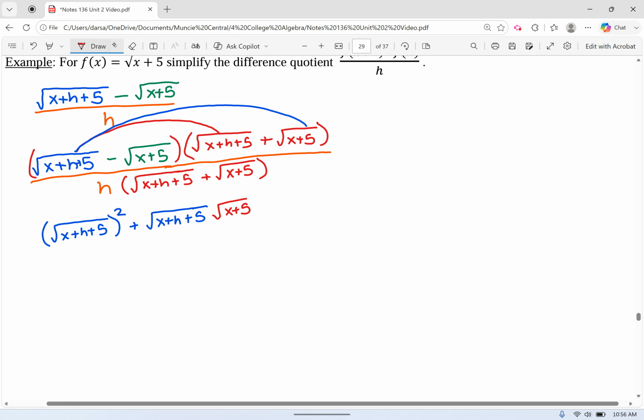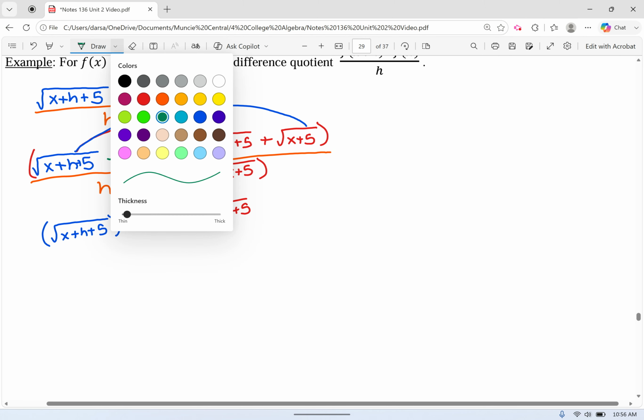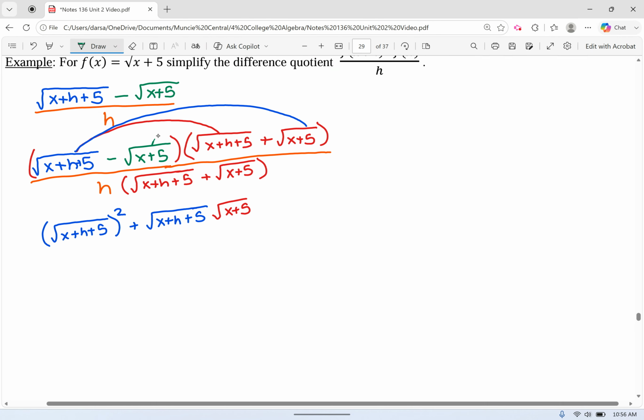That means multiply. Now we're going to take the negative square root of x plus 5 times that positive square root of x plus h plus 5. And again, we're going to write them next to each other. And since it's a minus here, we get a negative times a positive. This will be a negative times that square root of x plus 5.